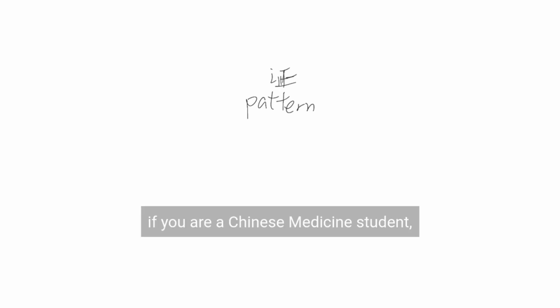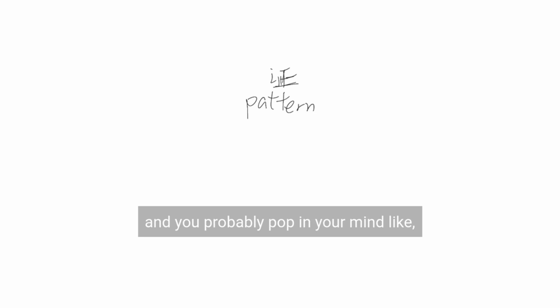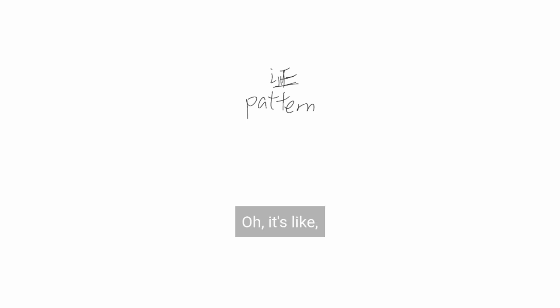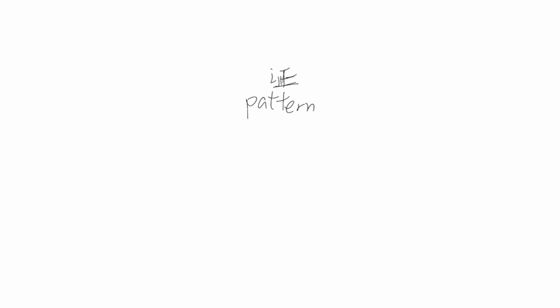If you are a Chinese medicine student, you probably learn about patterns, and it probably pops into your mind like, oh, it's Qi differentiation, heart spleen differentiation. So it's almost like the name of a pattern. It's a pattern, but it's more complex than that.